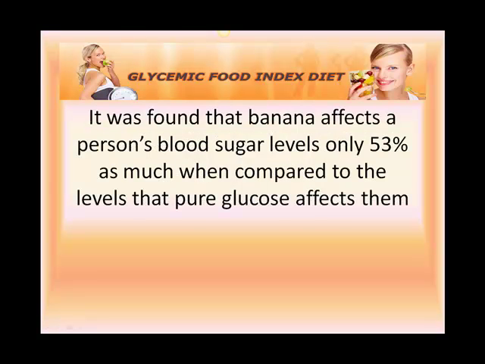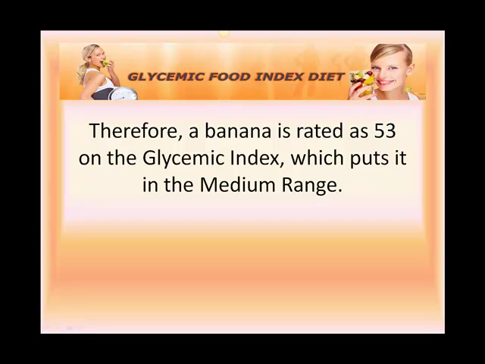It was found that banana affects a person's blood sugar levels only 53% as much when compared to the levels that pure glucose affects them. Therefore, a banana is rated at 53 on the glycemic index, which puts it in the low to medium range.